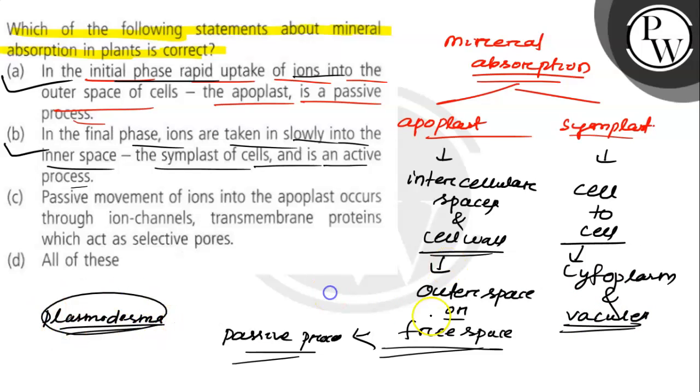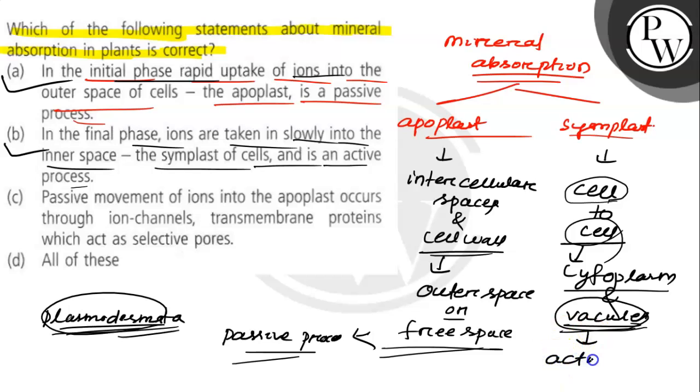Plasmodesmata is a connection between cell to cell, so one cell is connected with another cell through the plasmodesmata, and the ions can be transported from one cell to another cell. This process is very slow and requires ATP for this movement, so this is an active process. So this statement, option B, is also correct.